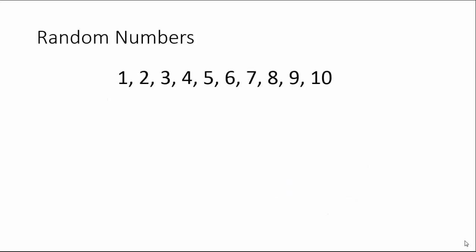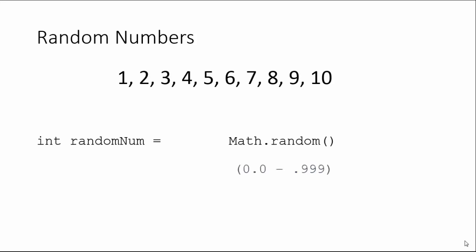What if I don't want to start at 0? What if I want to generate a random number between 1 and 10? I'll declare my int variable randomNum, and then I'll start with the Math.random method. This generates a number between 0 and 0.999. I'll multiply that by 10, so that's going to give me a number between 0 and 9.999.